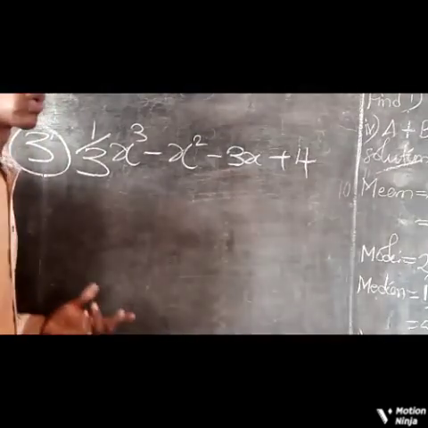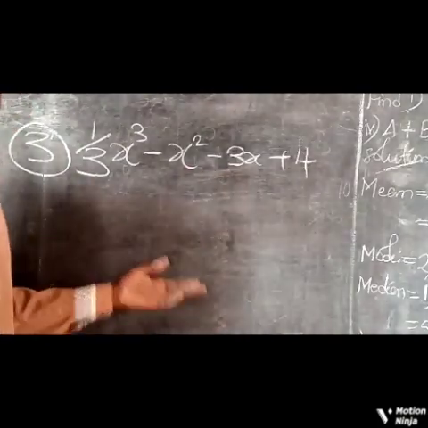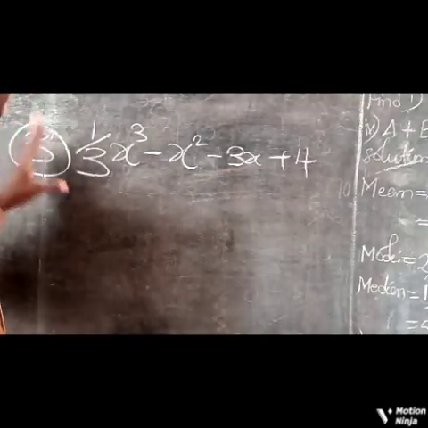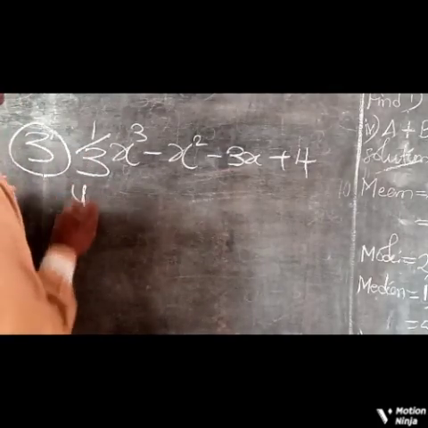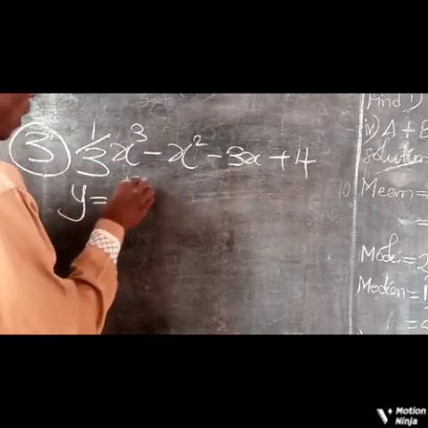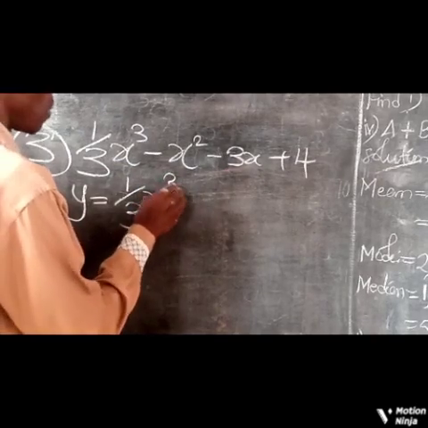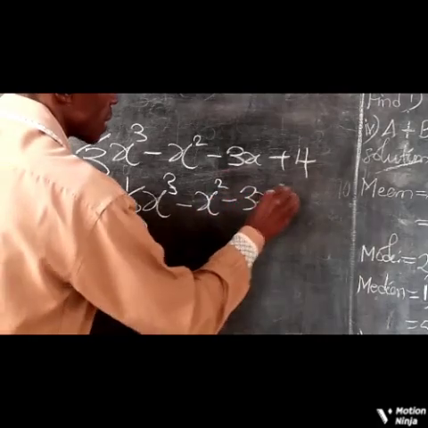Okay, this is for question number 3. I know you may not be seeing me fully, but I guess you're seeing the board clearly, which is more important. Now, we're trying to find the differentiation of y equal to 1 over 3 x cubed minus x squared minus 3x plus 4.